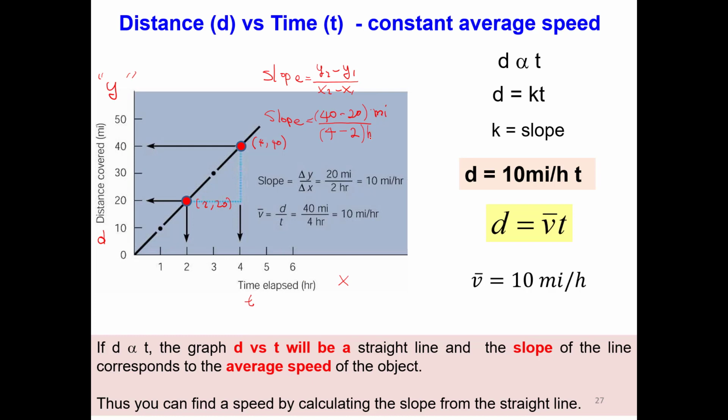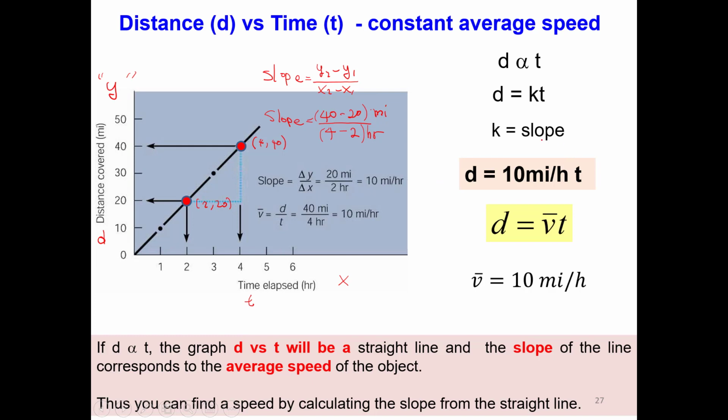Now here is the calculation. 40 minus 20 is 20 miles. 4 minus 2 is 2 hours. 20 divided by 2 is 10 miles per hour. And this is why the slope is 10 miles per hour.